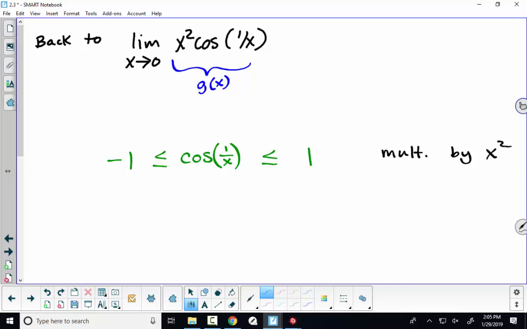No, why not? Right, because in the limit we're computing, x is approaching 0, but it's not equal to 0. Okay. So we're going to multiply both sides by x squared. That way we have negative x squared is less than or equal to x squared cosine 1 over x is less than or equal to positive x squared. So this is really, put a star there, that's really what we're using to evaluate our limit.